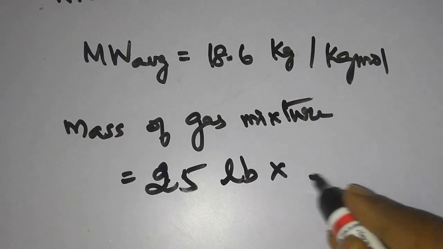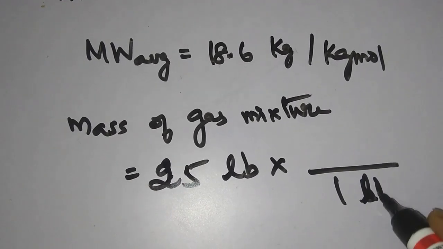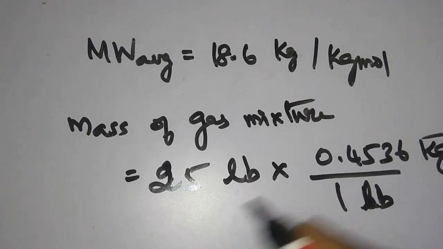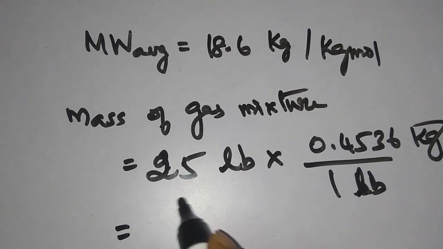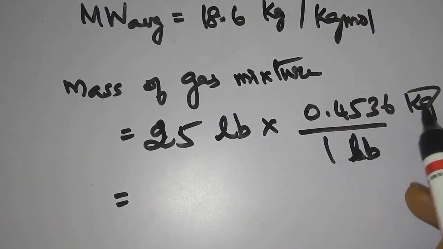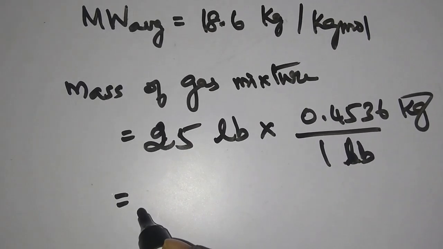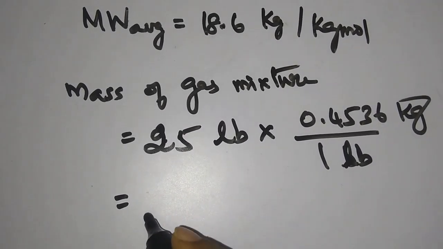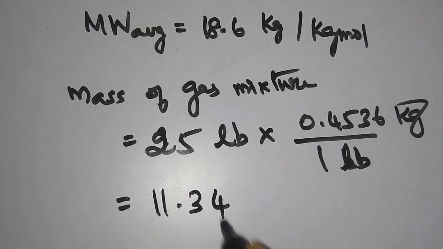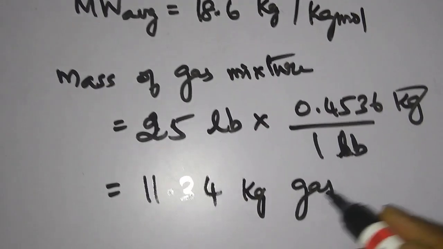What is the conversion factor? 1 pound is 0.4536 kg. So do the calculation, use your calculator: 25 into 0.4536. That is almost half of 25 you should get. How much are we getting? 11.34 kg of gas mixture.